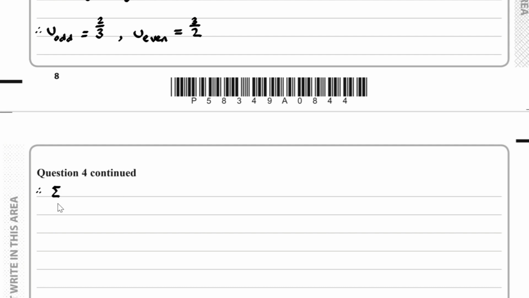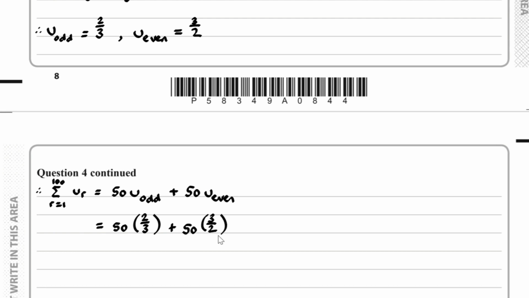So, the sum from r equals 1 to r equals 100 of ur, we have 50 odd terms, and we also have 50 even terms. So I have 50 times by 2/3 plus 50 times by 3 over 2. And it turns out when we work that out, we get 325 over 3.